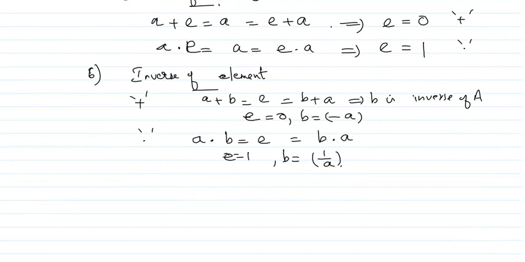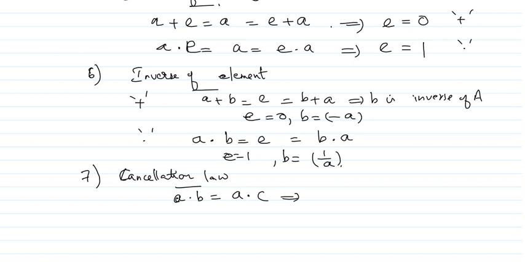Next one is the cancellation property, or cancellation law. That means for multiplication, if A dot B is equal to A dot C, what does this mean? B is equal to C. That is, the left factor A can be cancelled.